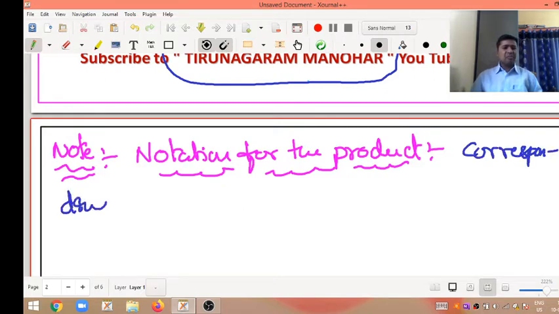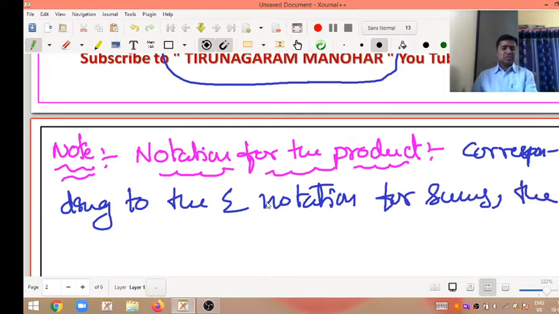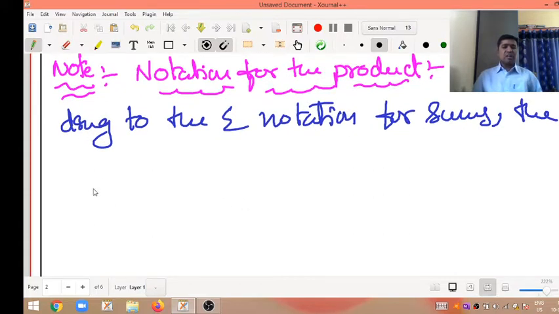Corresponding to the sigma notation for sums, see here, my dear friends, the notation for the product.